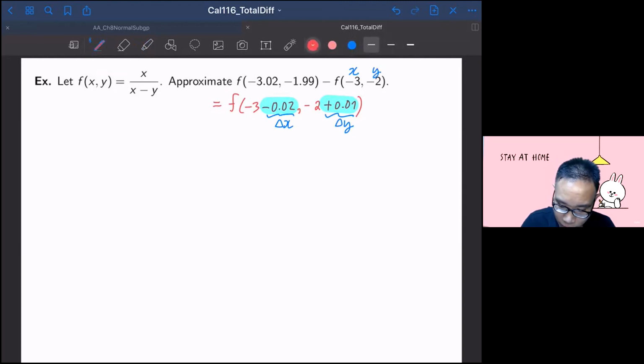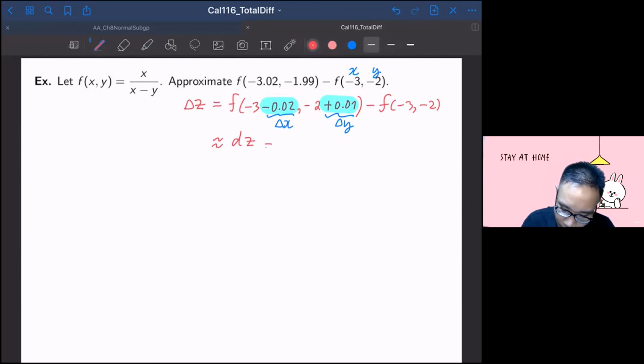Okay, so you need f(-3, -2). So you would like to approximate, so this will be your delta z. Delta z can be approximated by using the differential, or the total differential dz.